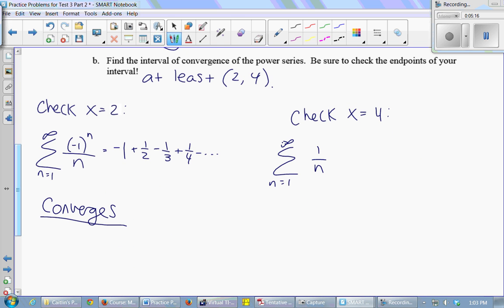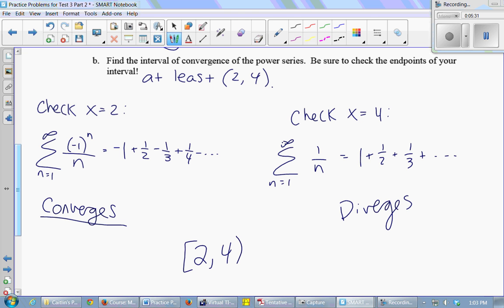You get 1 over n, which is 1 plus a half plus a third plus. That's the harmonic series, which we know diverges. So my interval of convergence is 2 to 4, including the 2 and not the 4.